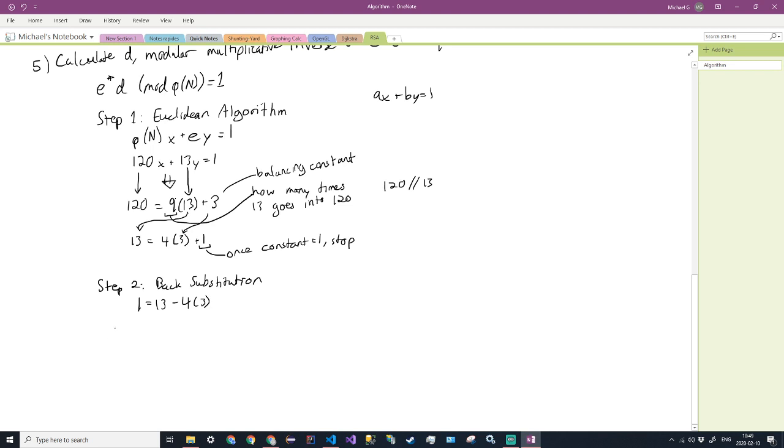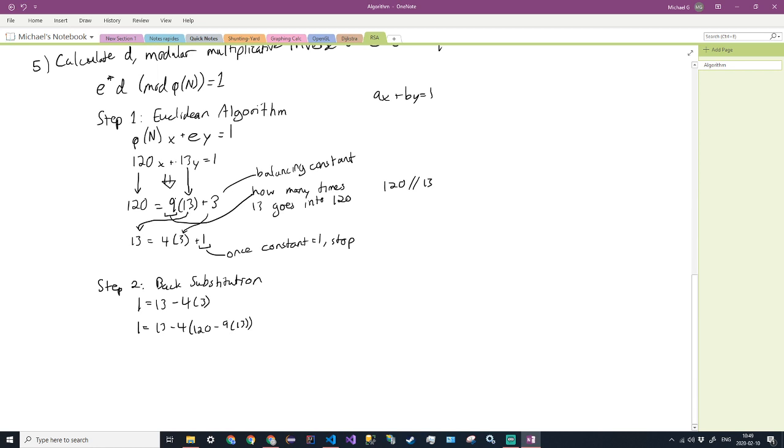Alright, and then we're going to keep going. So next we're going to substitute in whatever 3 was based on the second equation here. So 1 now is equal to 13 minus 4 times what is 3? That 3 is 120 minus 9 times 13, just like that.